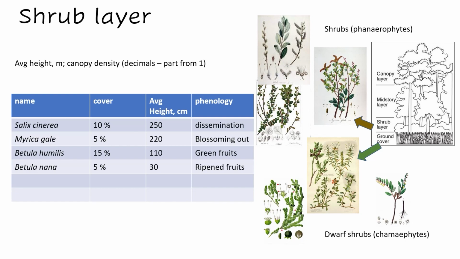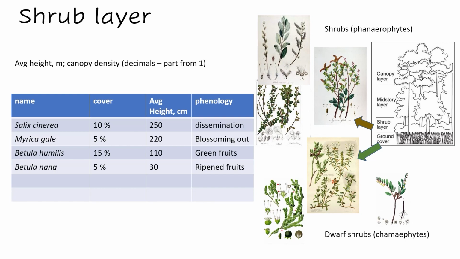For example, willows or Myrica or some small birches, they are shrubs. All the ericaceae which you have in the temperate zone in the raised bogs are dwarf shrubs. However, Myrica gale is also ericaceae, and there are also some ericaceae on different continents and places.